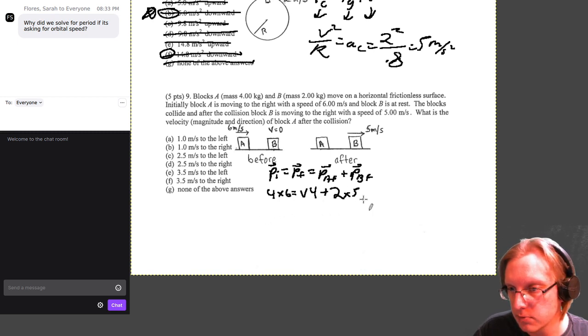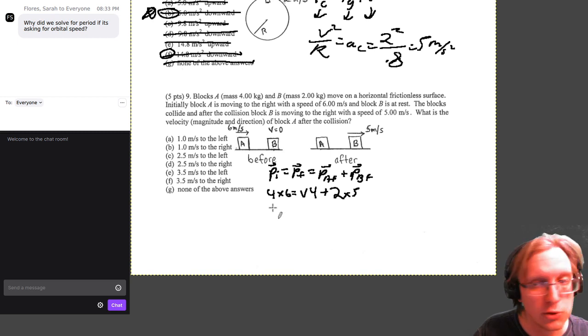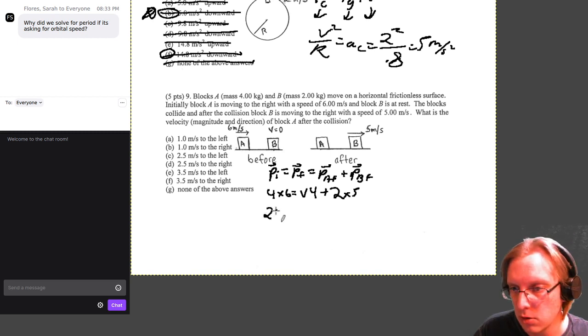So then we have 4 times 6 is 24, minus 20 is equal to 4v. So then this is 4 divided by 4, so v is equal to 1 meter per second.